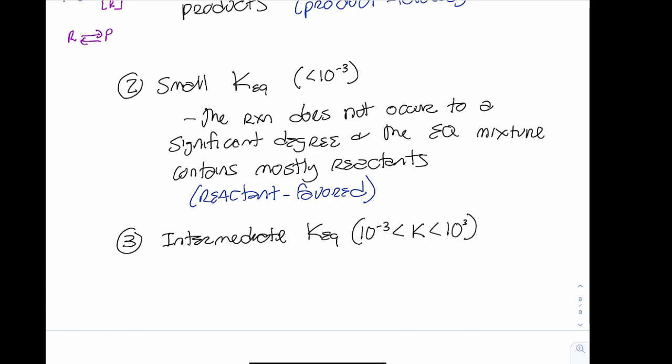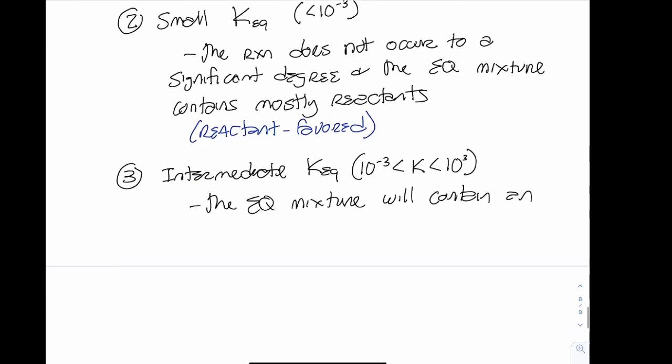So somewhere in between there. And this time the equilibrium mixture will contain comparable amounts of both reactants and products. What did I say? Comparable.